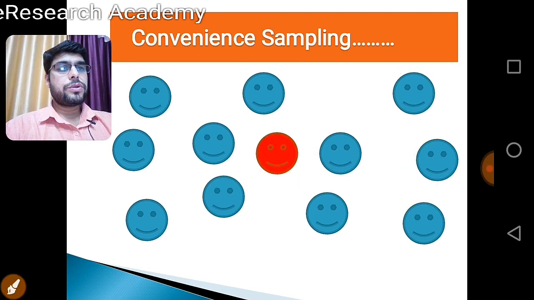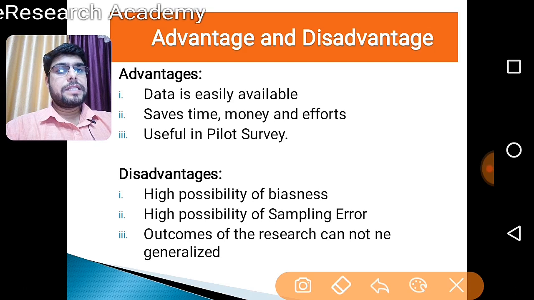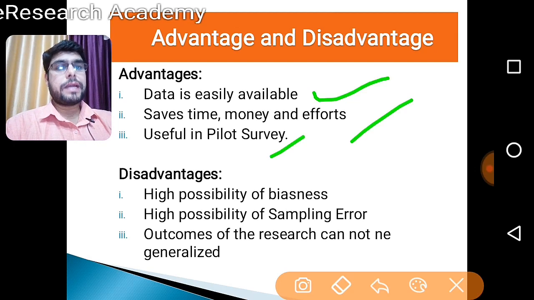If you talk about the merits and demerits, or advantages and disadvantages of this technique, under the advantages, it is very easy to collect data under convenience sampling. It saves time, money and efforts and is useful in a pilot survey.